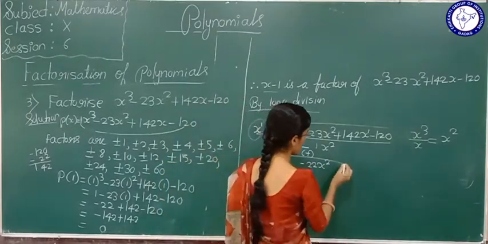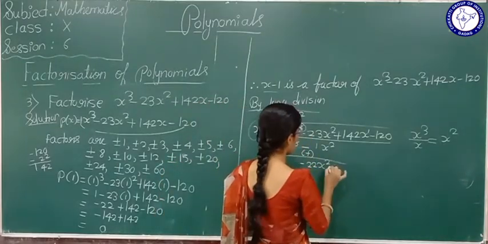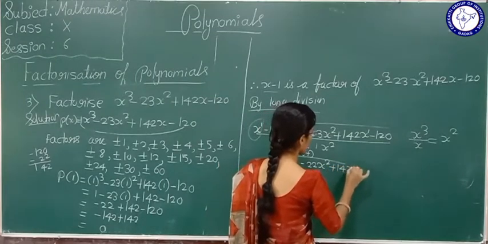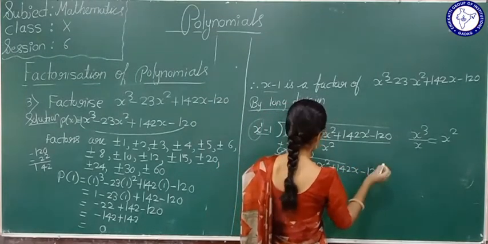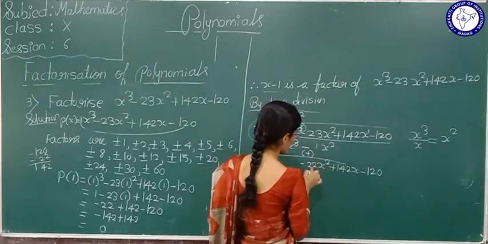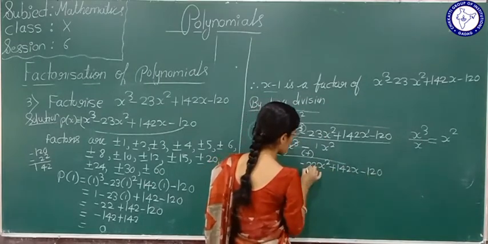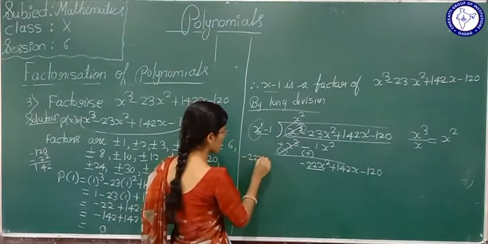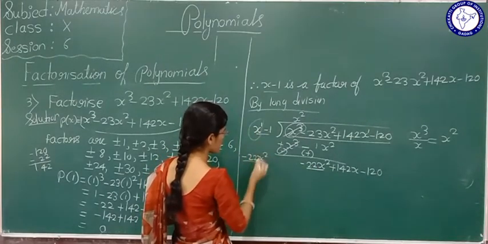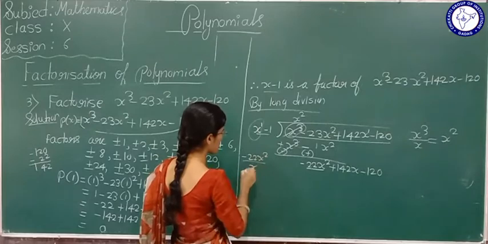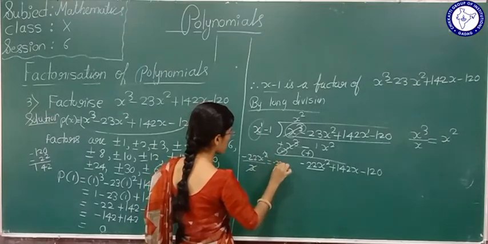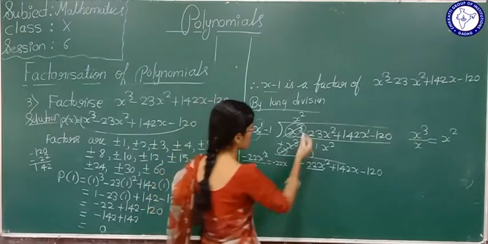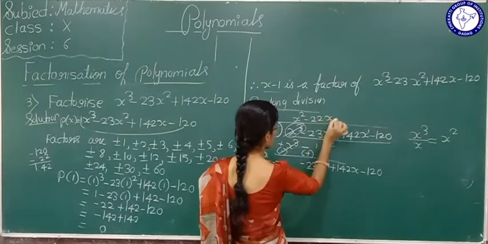Okay. Next, take 142x minus 120. Divide again. This is the new dividend. Take the first term of the dividend divided by the first term of the divisor. X will get cancelled. What is remaining? Minus 22x. Write here minus 22x.